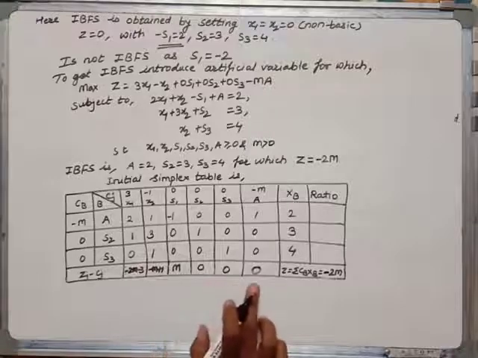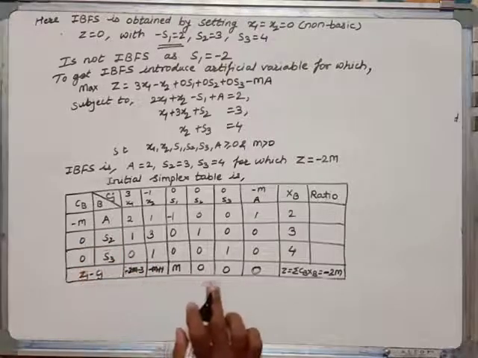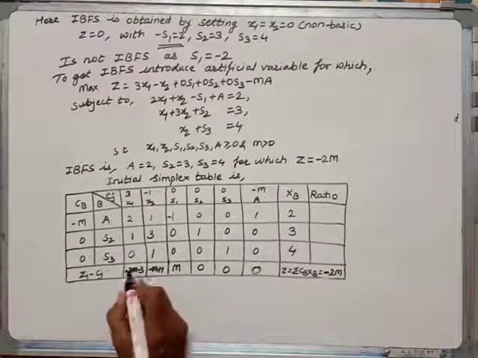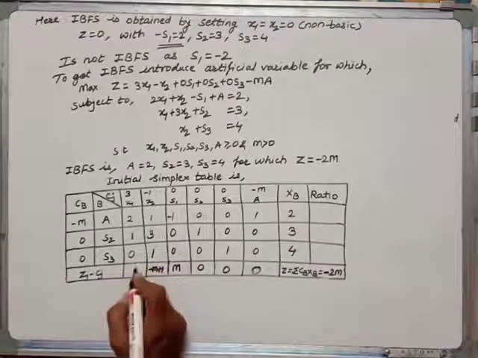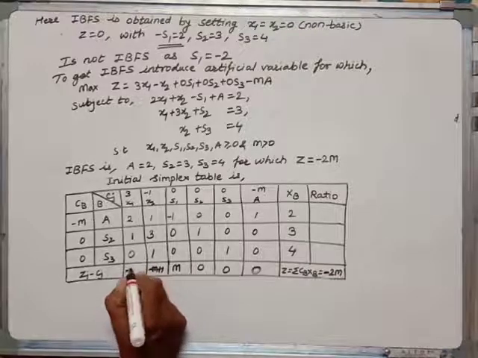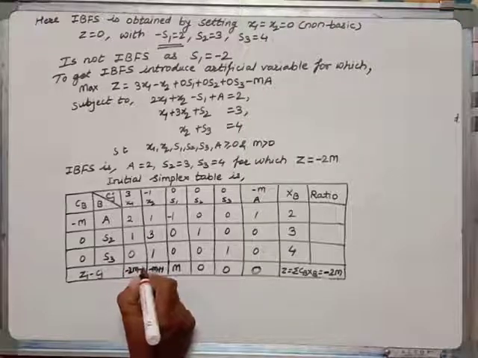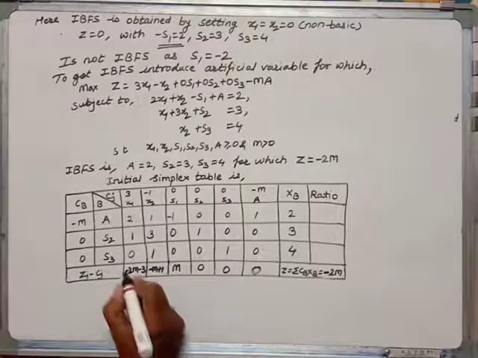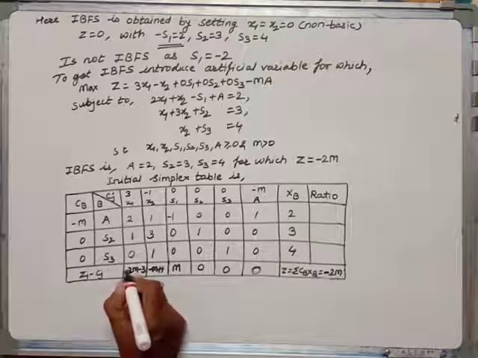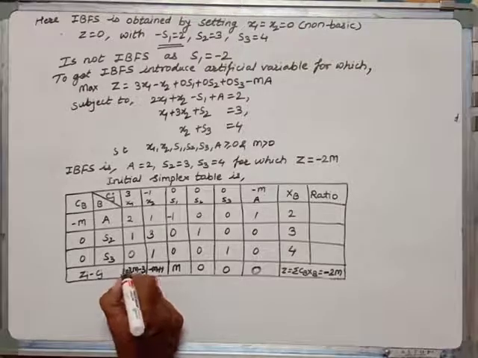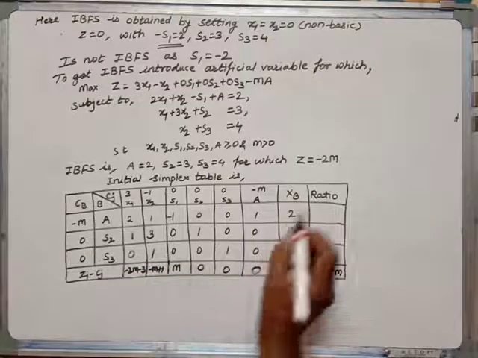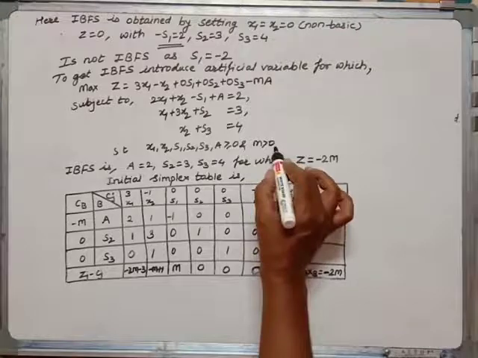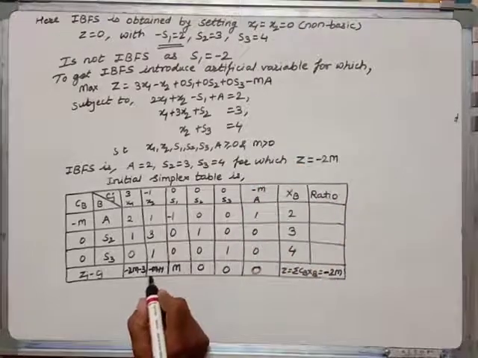Clearly S2, S3 and A are in basis. So their Zj minus Cj must be 0. Now be careful. Here minus 2m minus 3 is this. Now here you know this m is greater than 0.